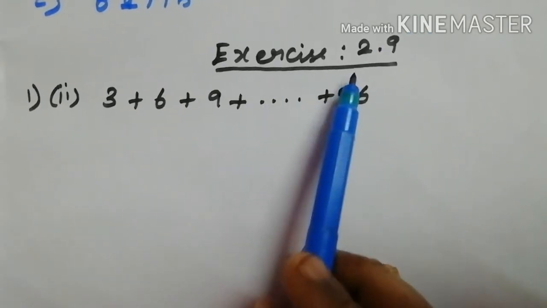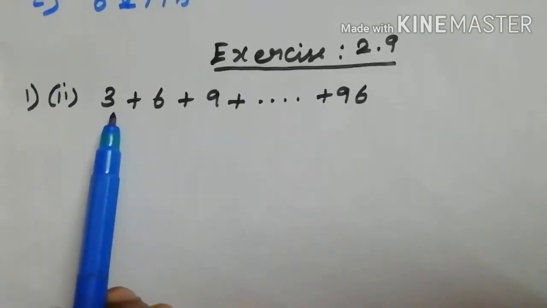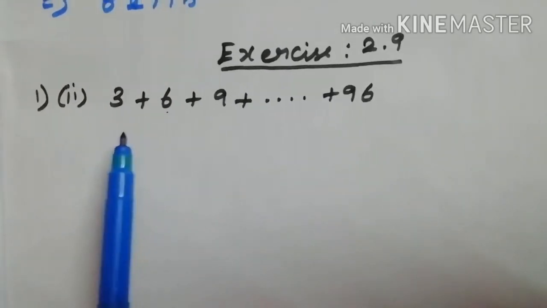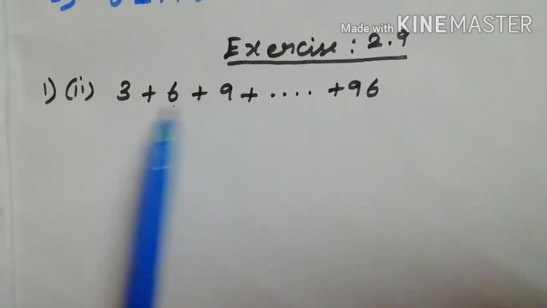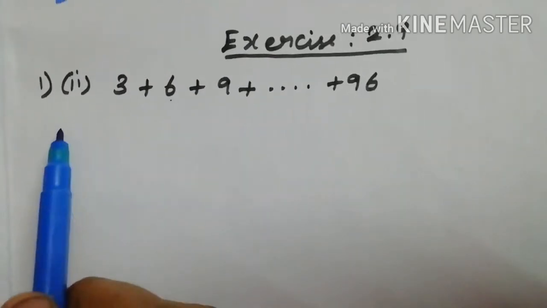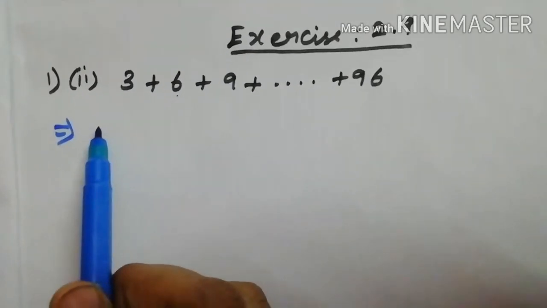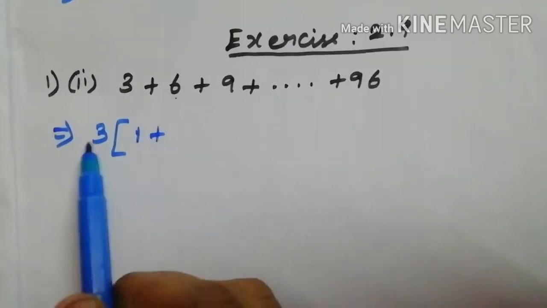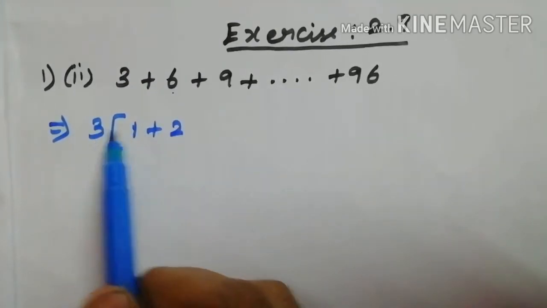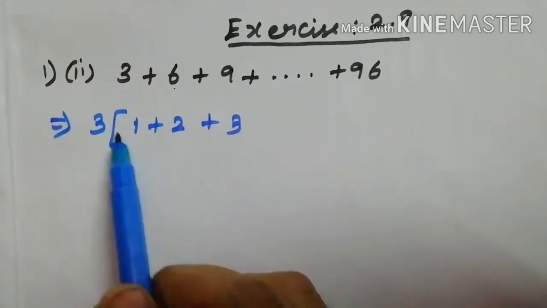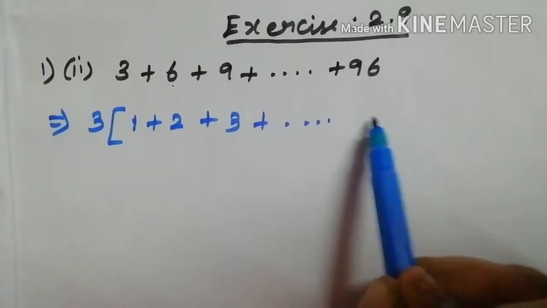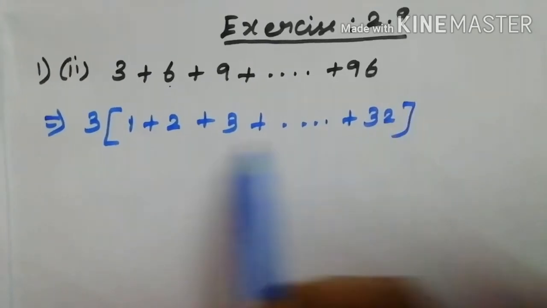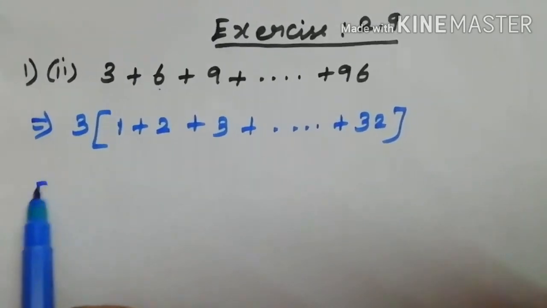Next, exercise 2.9. First sum: 3 plus 6 plus 9 plus etc. up to 96. Here the numbers 3, 6, 9 are in the 3 table, so let us take 3 outside. So here 1, 3 ones are 3, 3 twos are 6, 3 threes are 9 plus etc. plus here 96. So we have 32, 3 thirty-twos are 96.